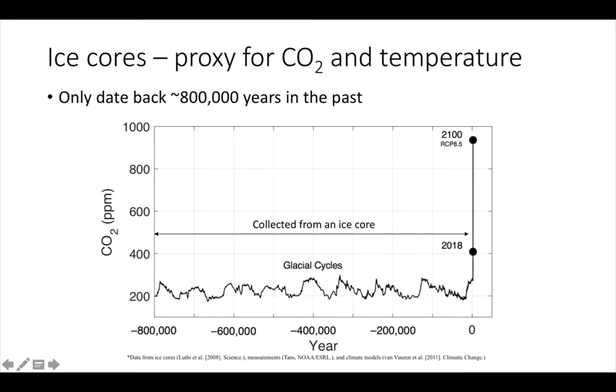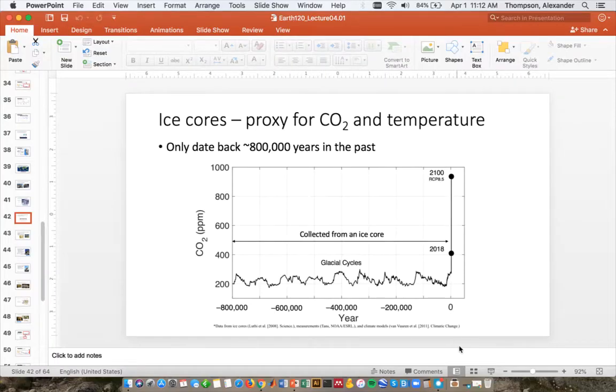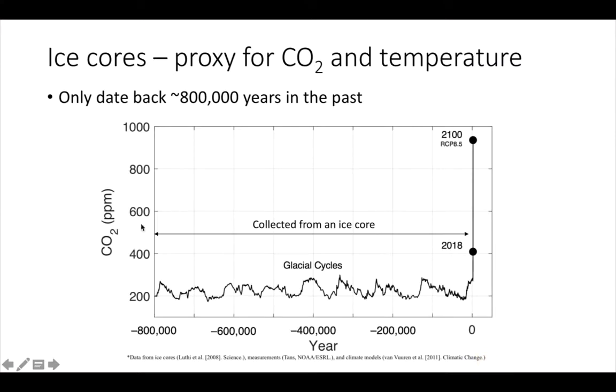So we can really get this glacial interglacial cycle from these ice cores, and on a record like this for CO2, you can see these glacial cycles. Here we go. You can really see this entire part is collected by an ice core, and just the very last part is what we can get from measurements. So ice cores are a really important proxy for understanding Pleistocene climate.